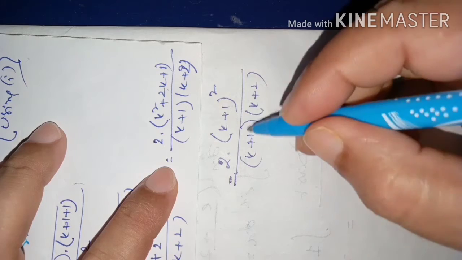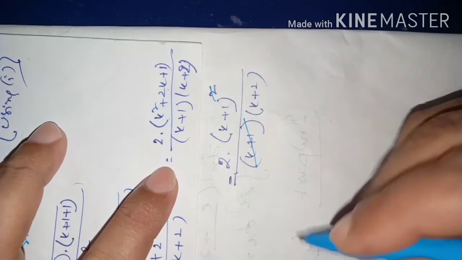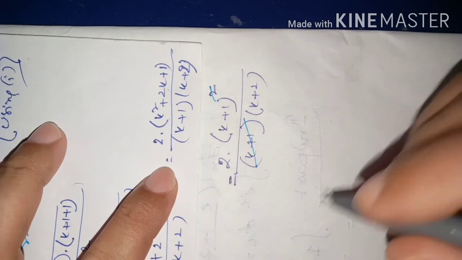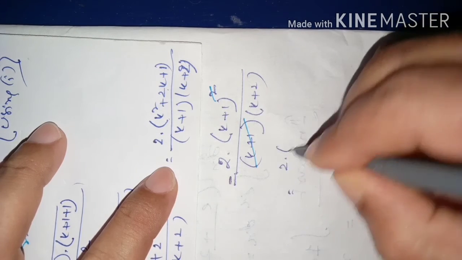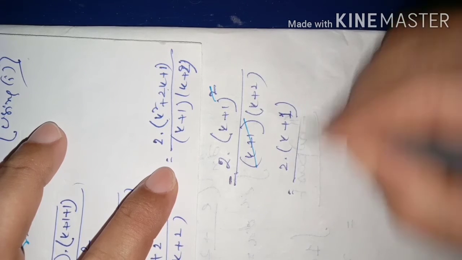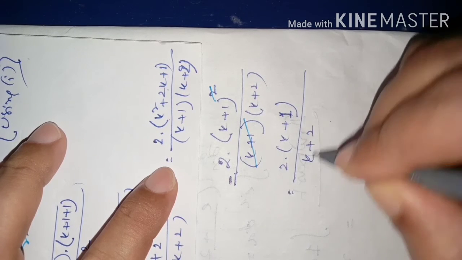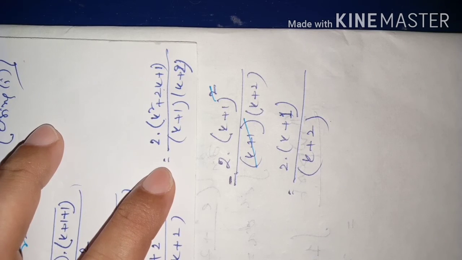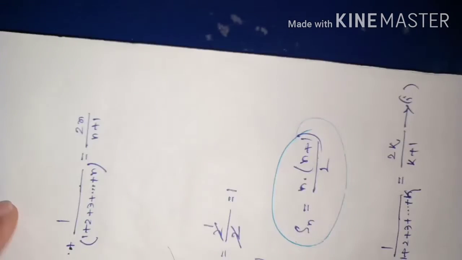Now from here this k plus 1 and here k plus 1 cancel. What do we have now here? 2 times k plus 1 divided by k plus 2. Okay dear students, you see it is exactly this expression, no? This is 2 into n by n plus 1. Similarly here, this also can be written that way only.